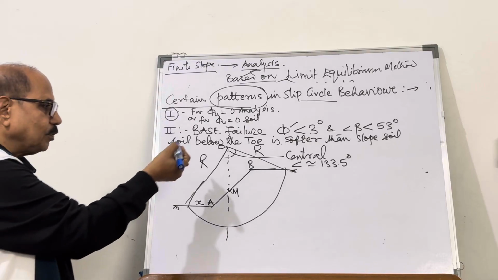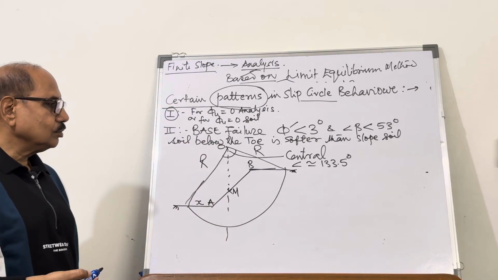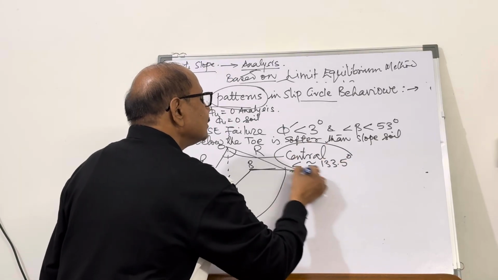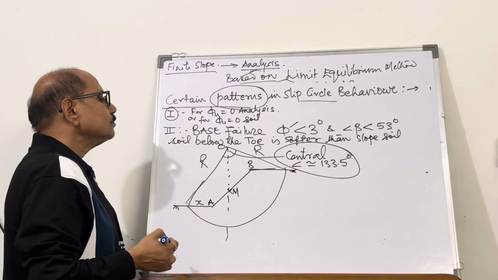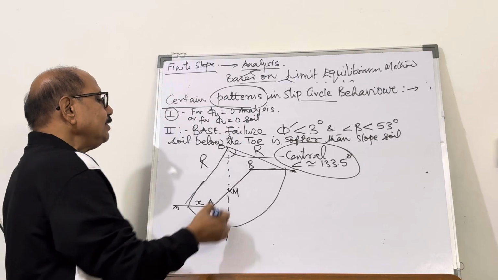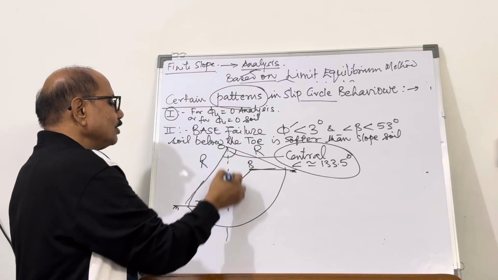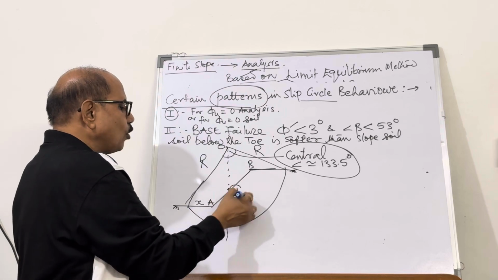I have already explained to you how you are going to do it. So the guideline is the central angle, and the center of rotation is going to lie on the vertical passing through the midpoint.